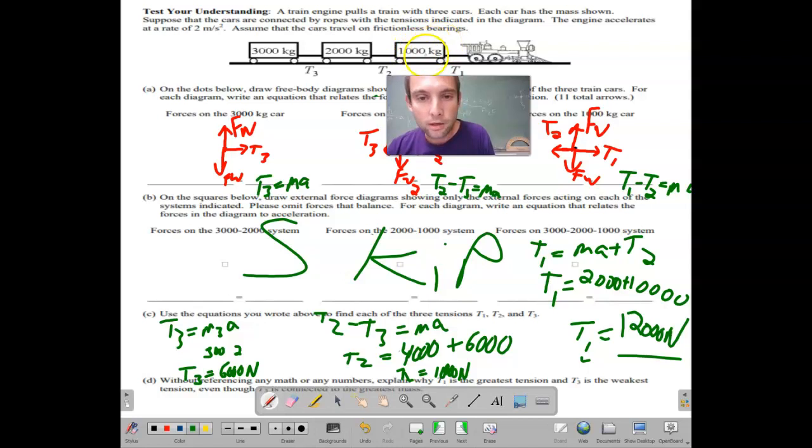It's pulling cart 1 plus cart 2 and cart 3. So of course the tension in the front of the train is going to be greater than the tension in the back of the train. For tension T3, yes, mass 3 is the largest, but that's the only thing it's having to deal with.